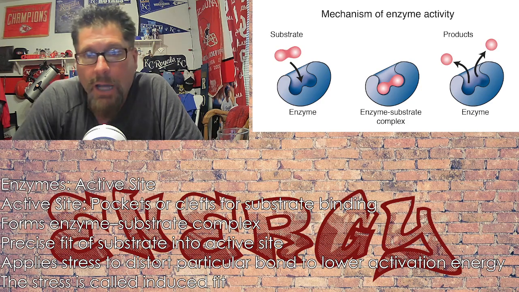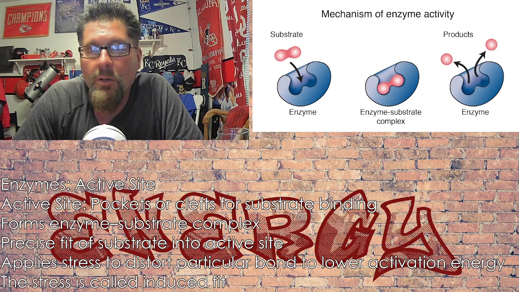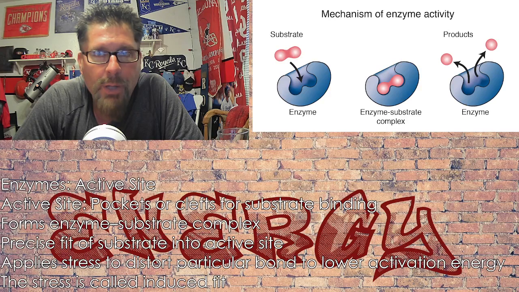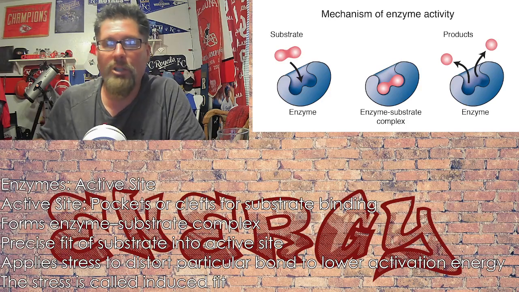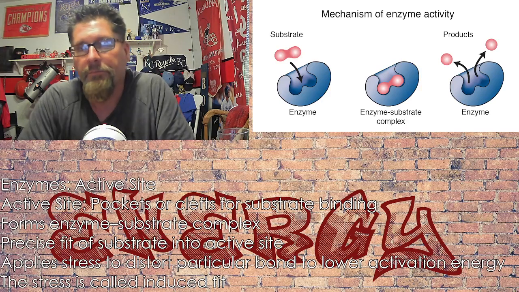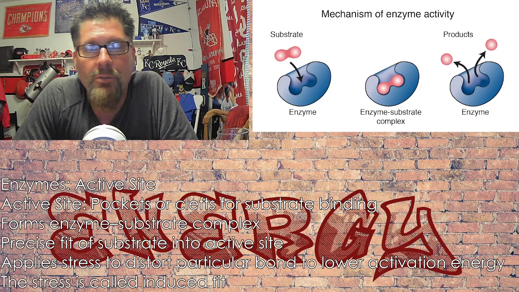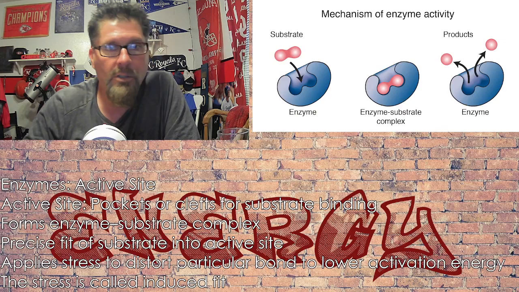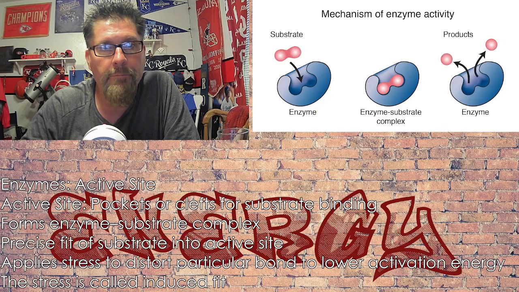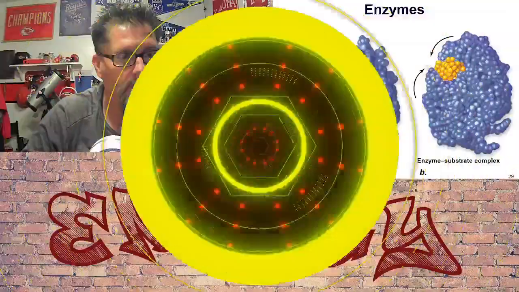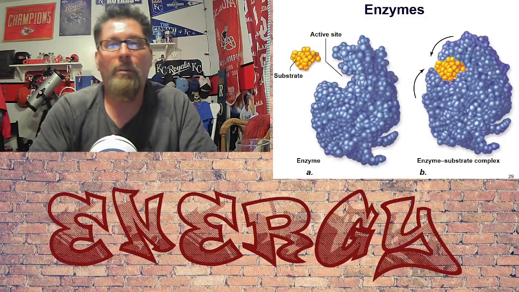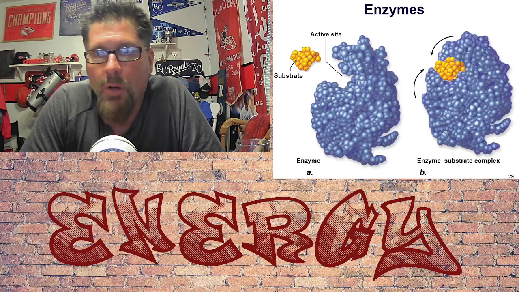Now, the idea of altering those bonds, it does it with pressure. And that pressure that it applies to the substrate is called induced fit. Just simply a reference to the work that's being done on the substrate. Okay, here's another picture to show what we've been talking about.